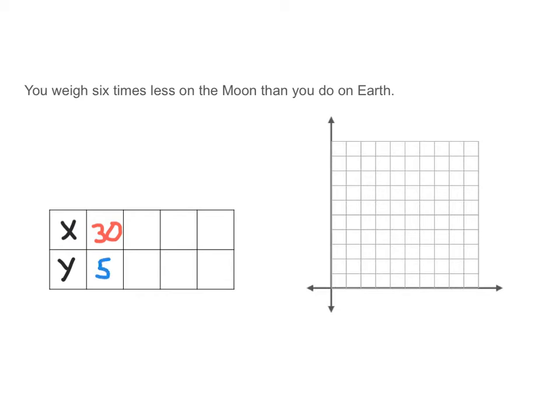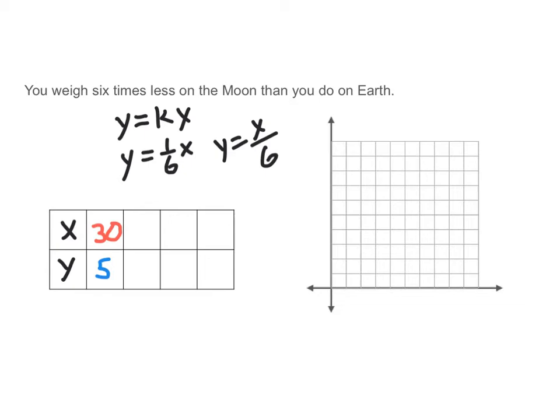So actually what we have is a function in the form of y equals kx, and our y, our weight on the moon, is 1/6 of our weight on Earth. So we could say y equals 1/6 x, or it could look like this: y equals x divided by 6.